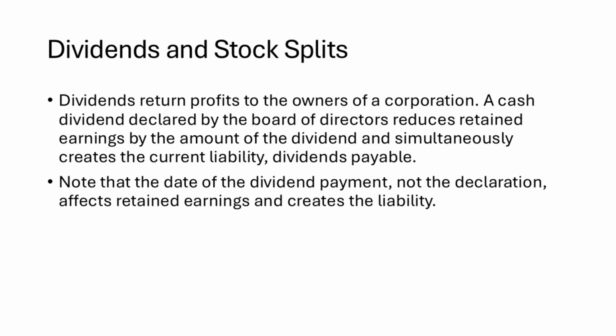Dividends return profit to the owners of the corporation. A cash dividend declared by the board of directors reduces retained earnings by the amount of the dividend and simultaneously creates a current liability, dividends payable.